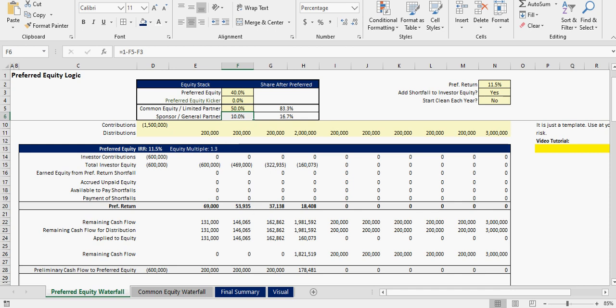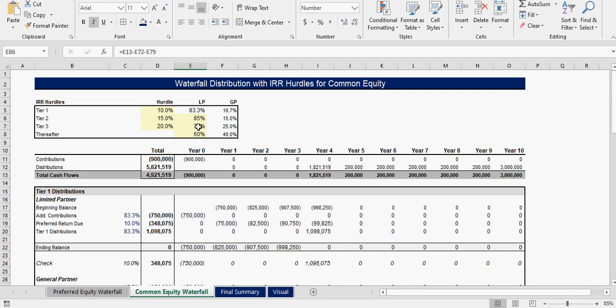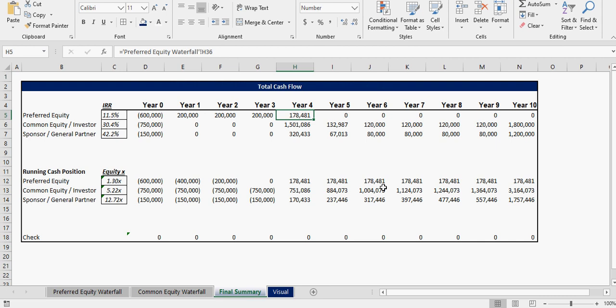So in this case, we have the waterfall happening with the sponsor and investor of common equity, and that goes based on these hurdles, which you could just keep pari passu the whole time, which means you just get out what you put in, and that means their internal returns are going to be the same. Or you could do promotes on top if you want promotes to happen between the common equity parties, and you just set the hurdles here, and that will work and all flow through just fine.